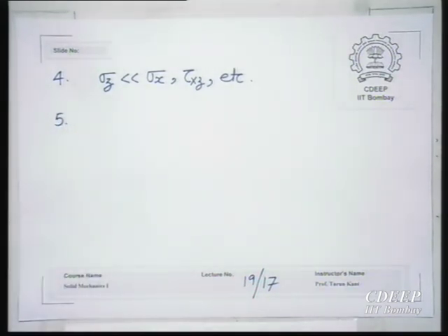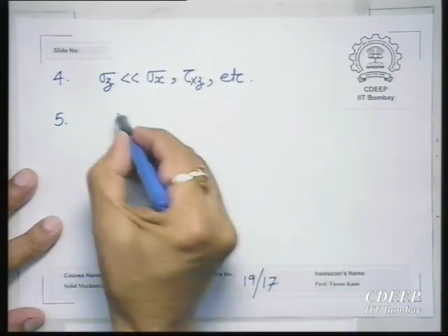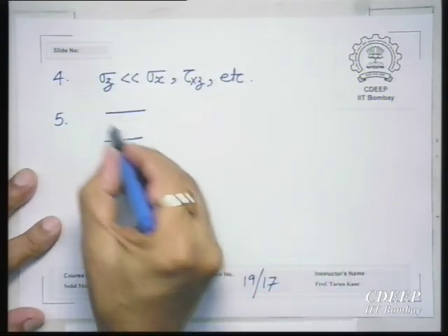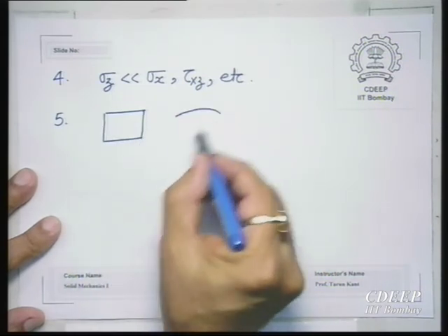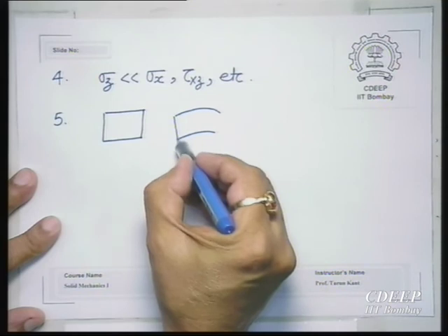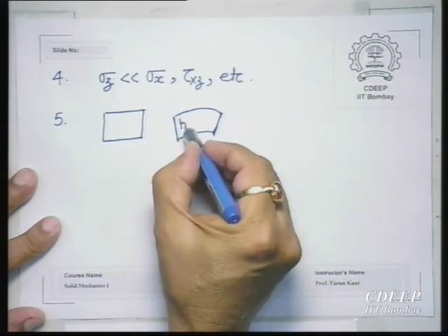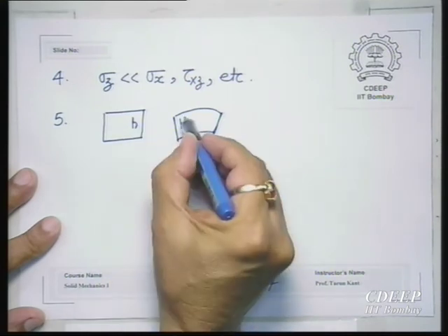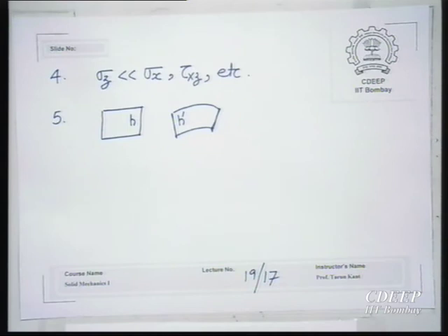What happens to the depth of the beam? After all, it bends. A beam which is originally straight like this, it bends. What happens to the thickness? What happens to this h? Supposing, should I say h dash? Original h becomes h dash.